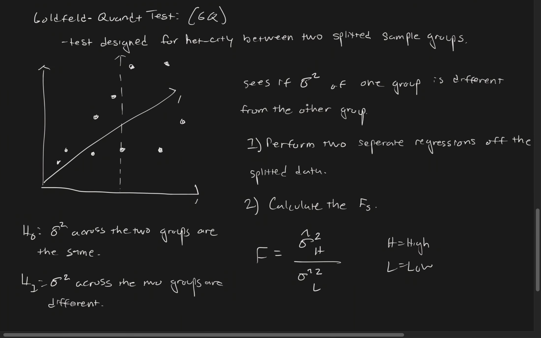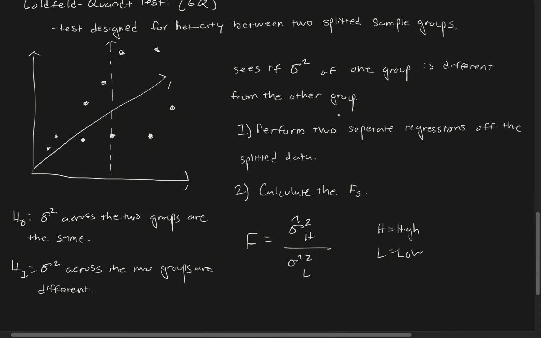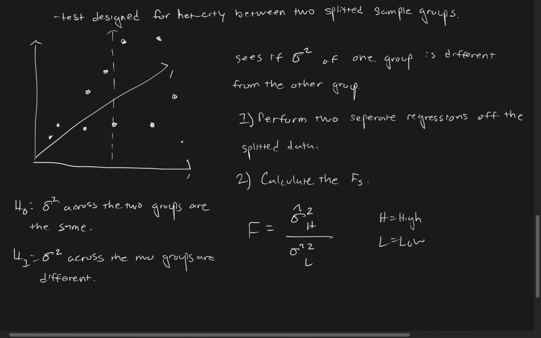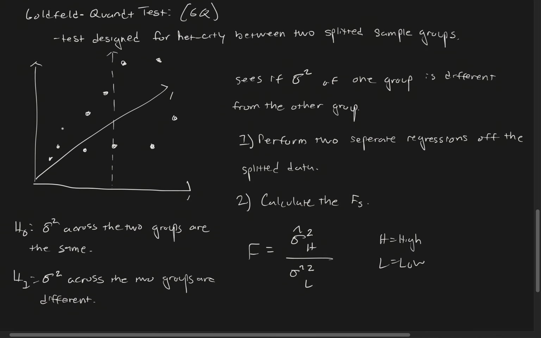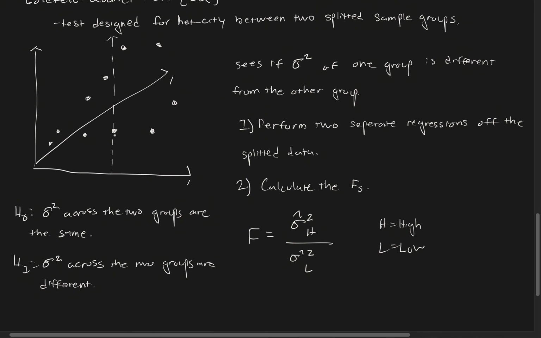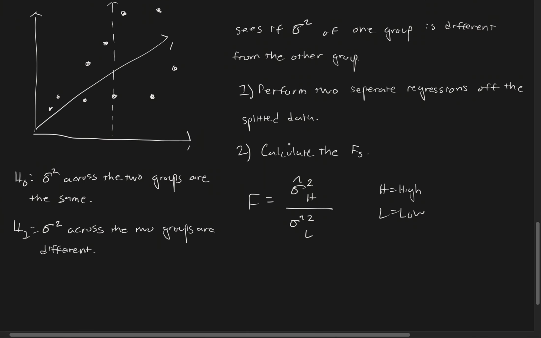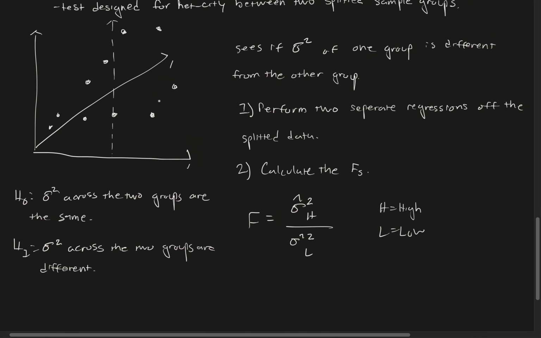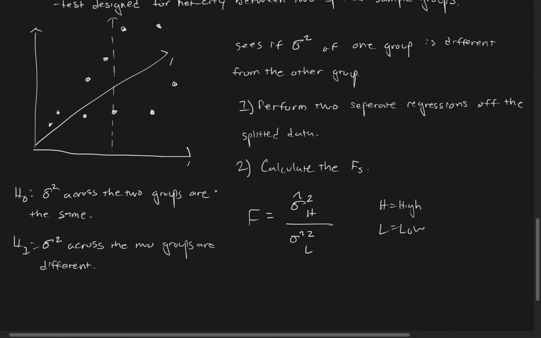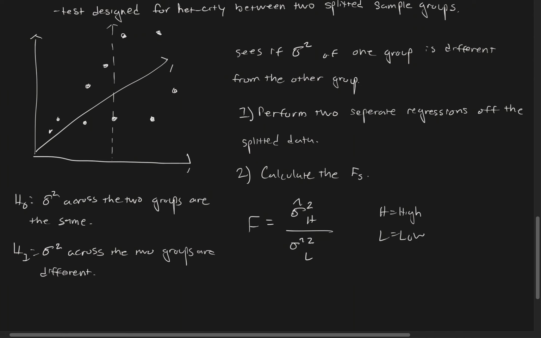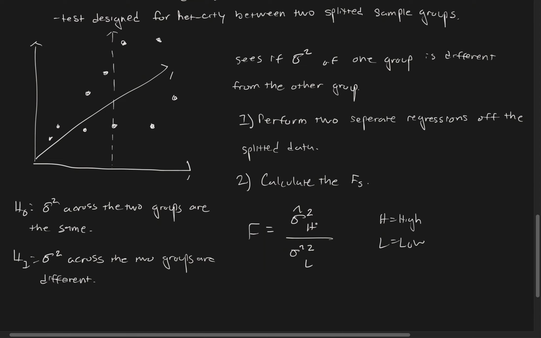The whole point of it is to see if they're the same or not. And so there will be two regressions formed here and here, and then we'll calculate the F statistic for both of them. When we calculate the F statistic, our higher value will always be in the numerator and our lower will always be in the denominator.